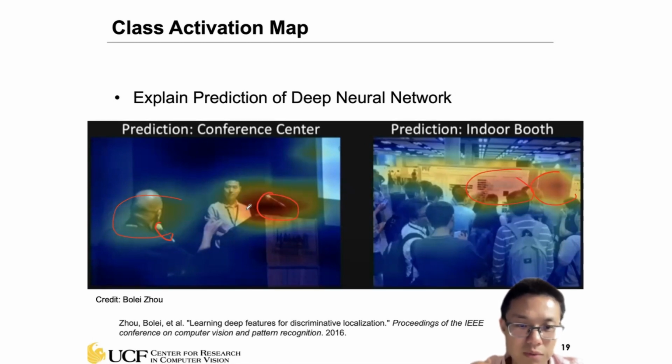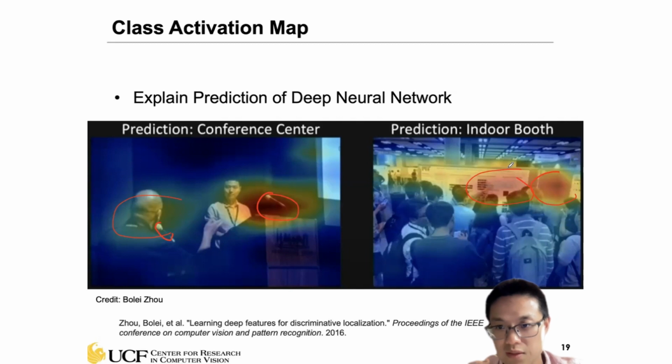There's a microphone, maybe a podium, and this person standing here, and there's another person standing there, also holding a microphone, maybe trying to ask a question or discuss with the presenter. So this is the information the network highly relies on to predict this is a conference center.